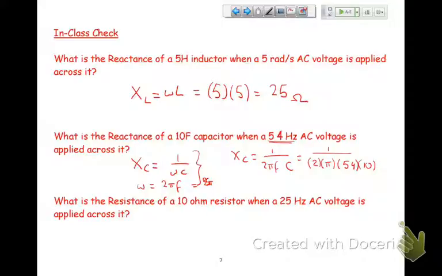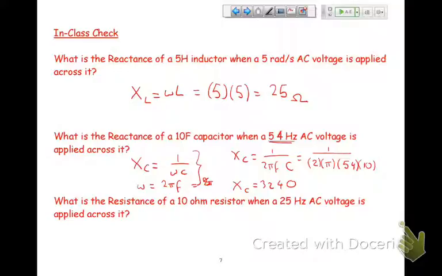Which is a number. And this is day 3 of me forgetting my calculator. I'm clearly near the end of the semester. So that worked out to be a number, yeah? Anybody got the number for me? 2 3s are 6, 6 10s are 60, 60 times 54 is 3,240. It's going to be slightly bigger than 3,240 ohms.